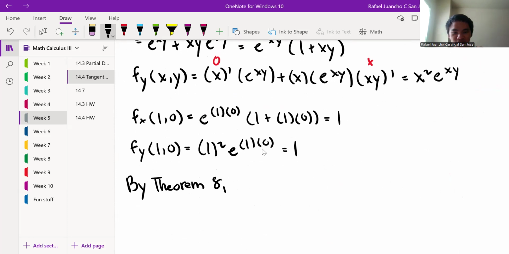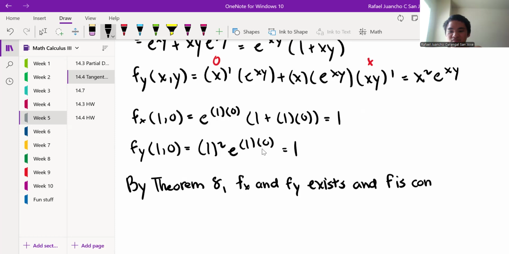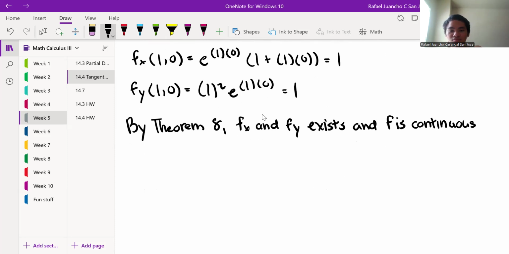So by theorem 8, f sub x and f sub y exist. And f is continuous. So that means f is differentiable.